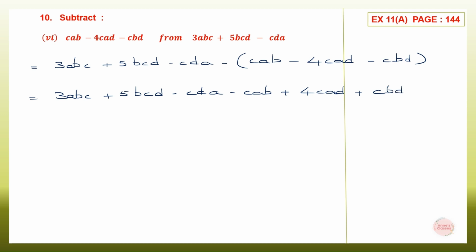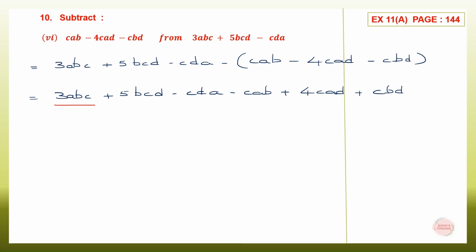Now let's arrange the like terms together. Now here we have abc. Now let's see if we have abc anywhere else. Okay, this is bcd, then abc. We are looking for abc. Now look at this. The order is different, but we still have the same letters, the same literals, abc. So this is the same as this.